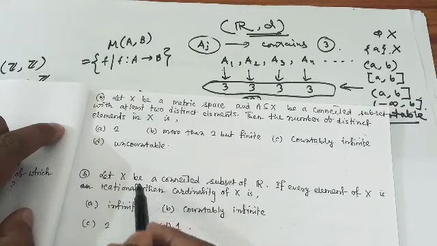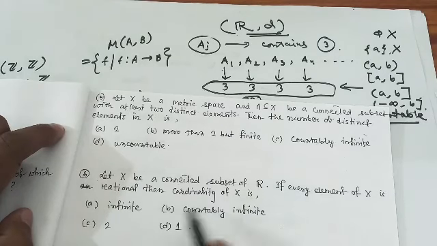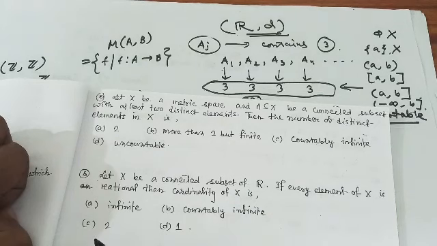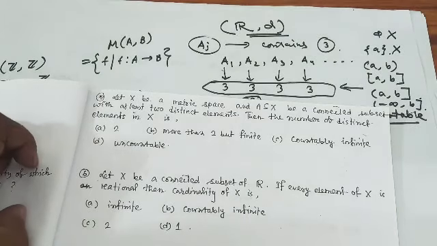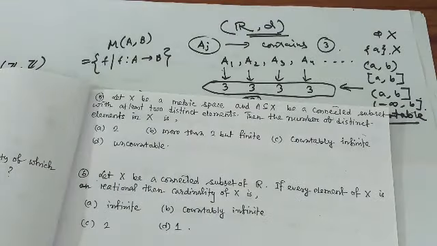The sixth question says: let X be a connected subset of R. If every element of X is rational, then the cardinality of X is, that is again your job to solve. I'm just giving you a hint that X is a connected subset of R. What are the subsets of R? Phi, singleton sets, all the possible intervals.